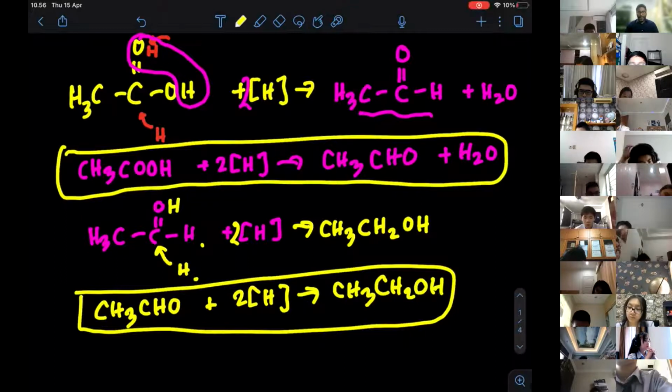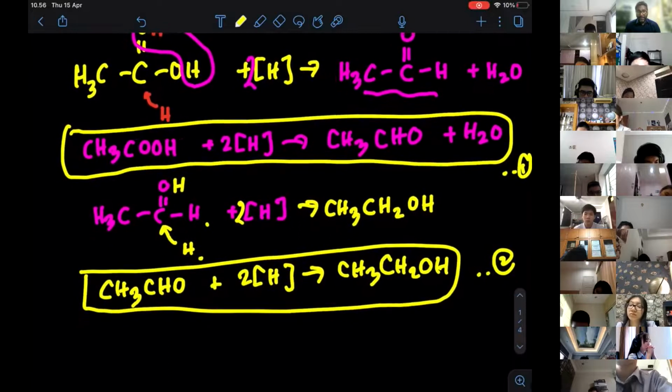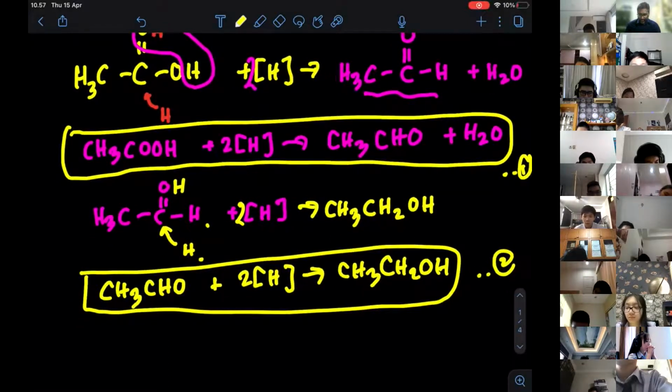How to write the equation if I want to change the carboxylic acid straight to the alcohol? Equation number 1, equation number 2. Combine them. If you combine them, this one and this one will cancel left and right.